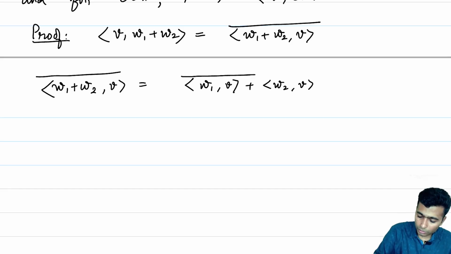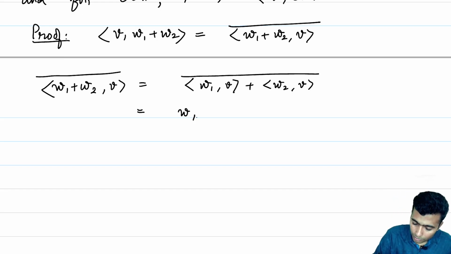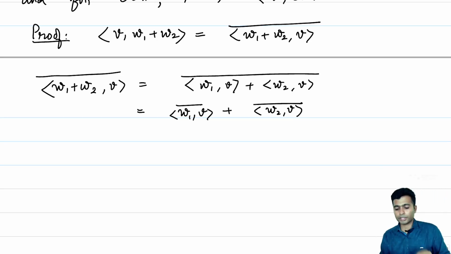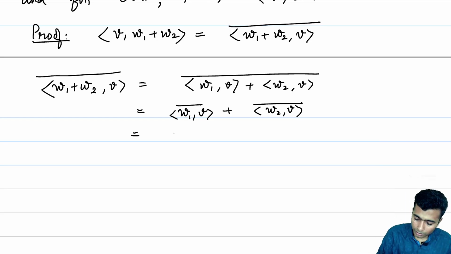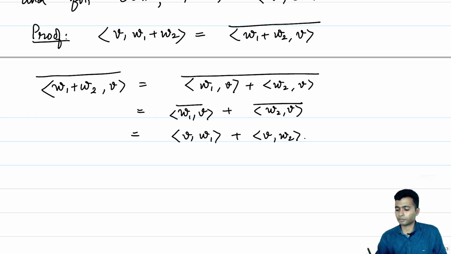The conjugate will be the conjugate of the sum. But you should check that the conjugate of the sum of two complex numbers is equal to the conjugates added up. So this is just going to be equal to the conjugate of ⟨w1, v⟩ plus the conjugate of ⟨w2, v⟩. Now we use the conjugate symmetry of the inner product again to conclude that this is ⟨v, w1⟩ + ⟨v, w2⟩, and we are done.